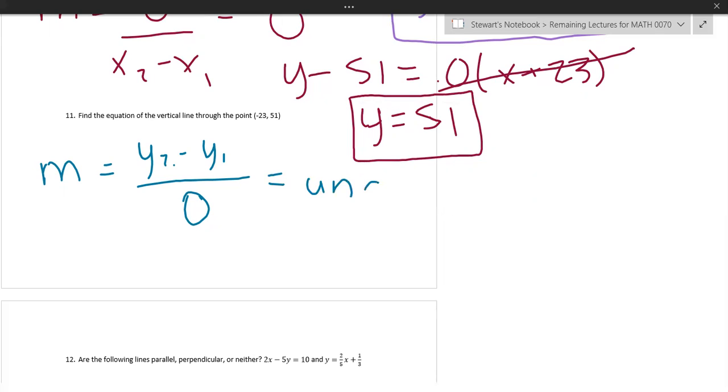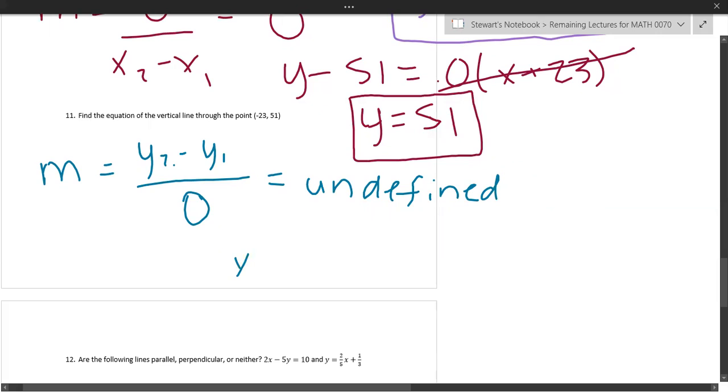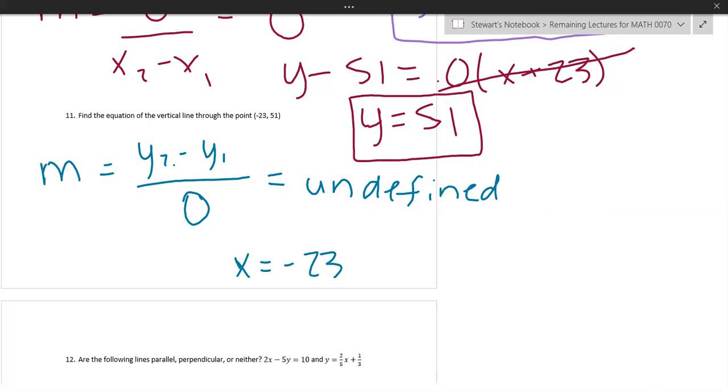So you'll always hear that the slope of a vertical line is undefined, because it's infinite technically. You can't define it. So the slope is undefined here. So what you do for the equation of vertical lines is you just set x equal to the x coordinate. So in this case, it'd be x is equal to negative 23.